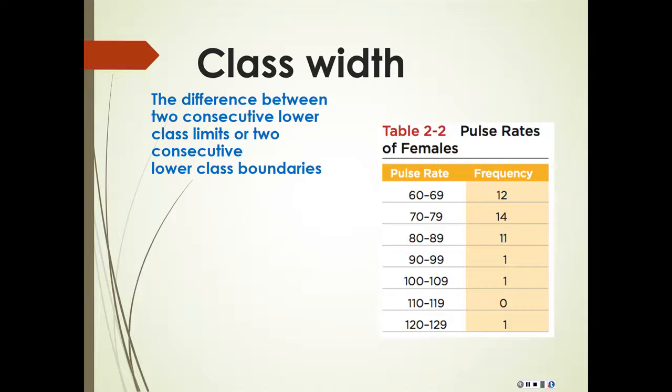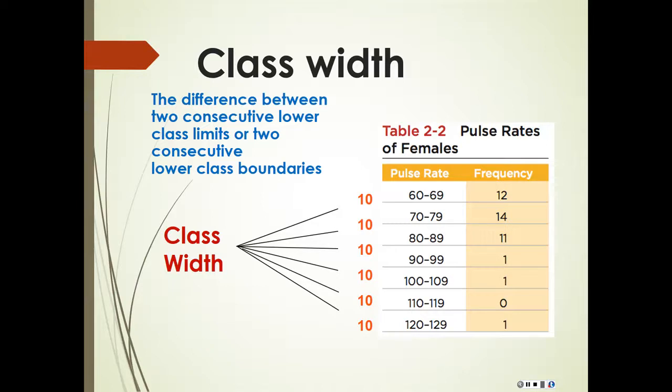The class boundaries are actually the dividing line between this upper class limit and the next lower class limit. So in this case, my boundary would be the midpoint between 70 and 69, and it would be 69 and a half. That would be the class boundary. Okay? The class width here is 10. And that's because there are 10 numbers that go in each interval.